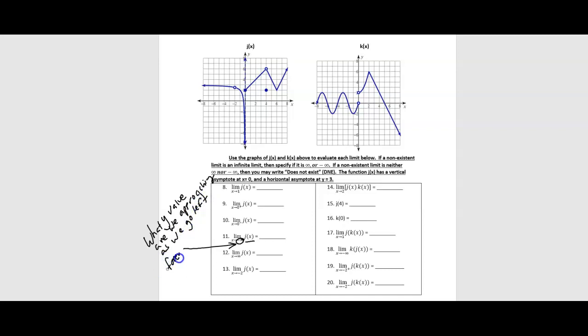Kind of a weird way of saying it. There it is. Why go left? Because x is approaching negative infinity. And x is a variable that tells you how far you're going to the left or how far you're going to the right. Well, if I'm going to negative infinity, that means I'm going to the left forever.